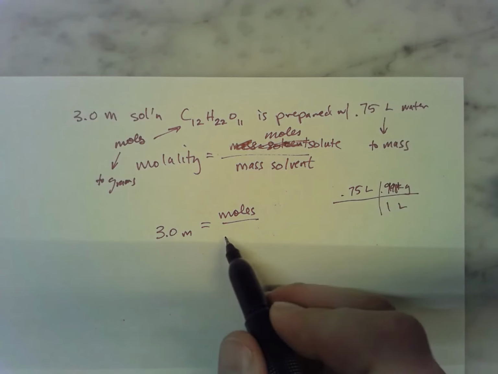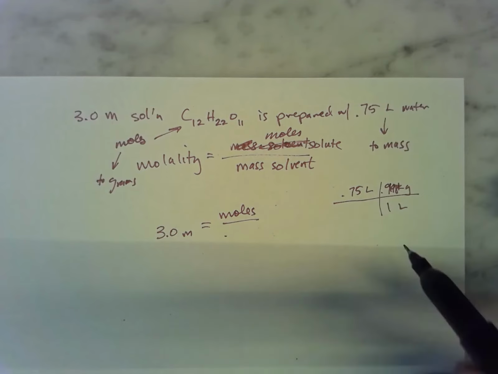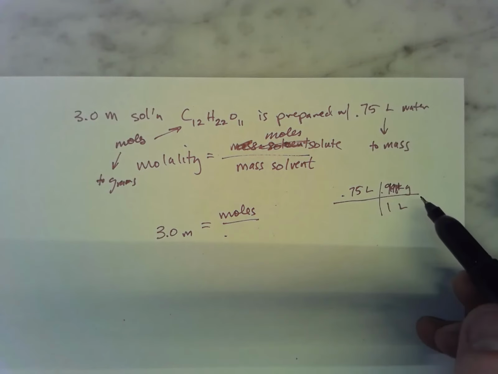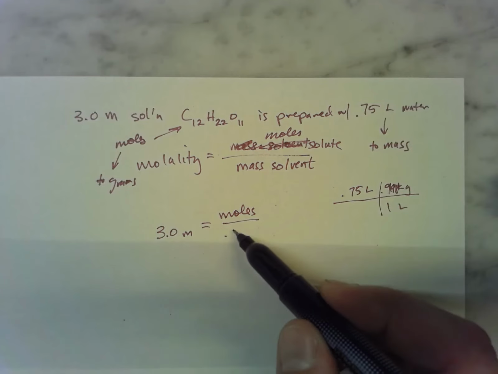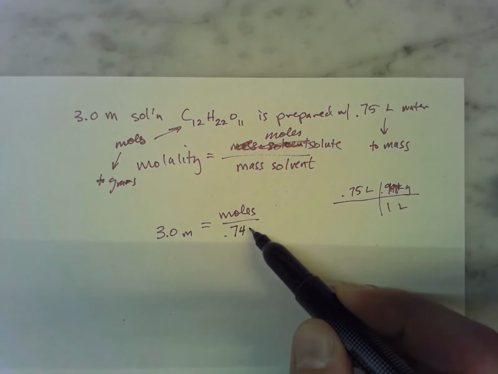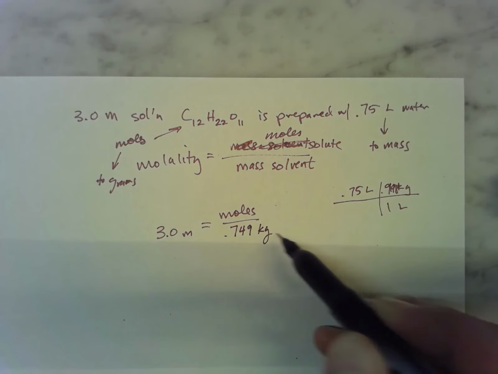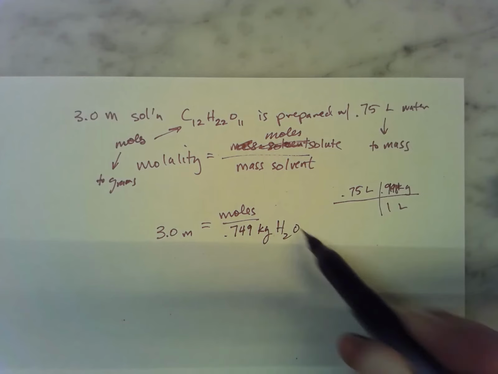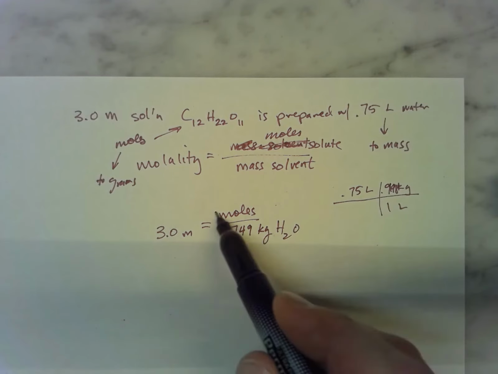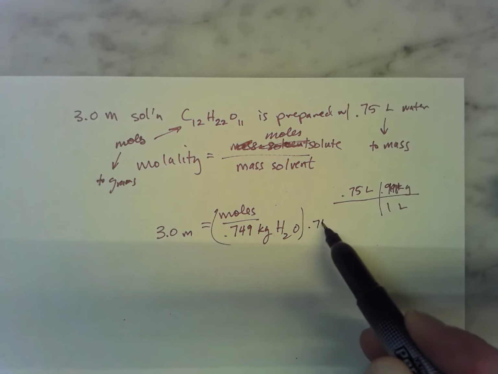So we have 0.75 times 0.998, and we end up with 0.749 kilograms H2O.